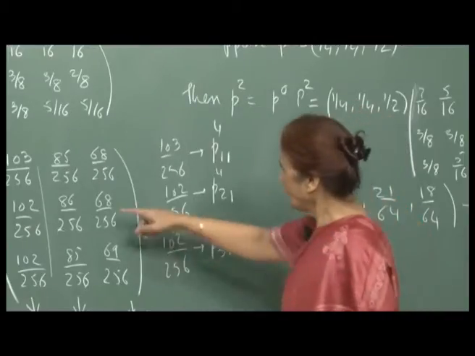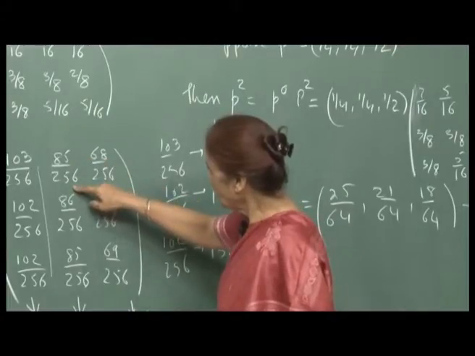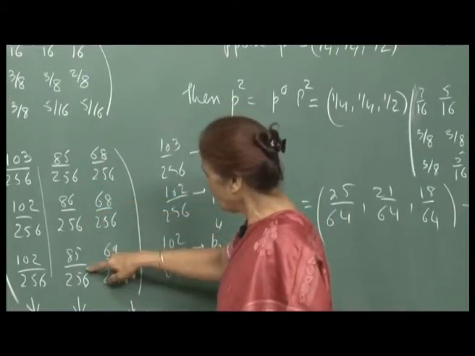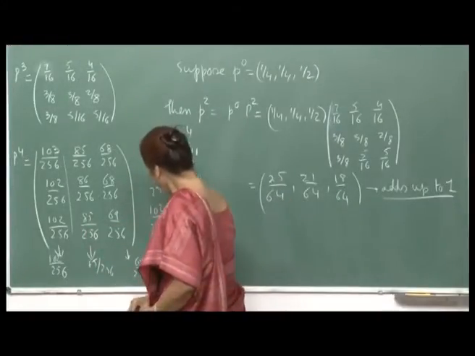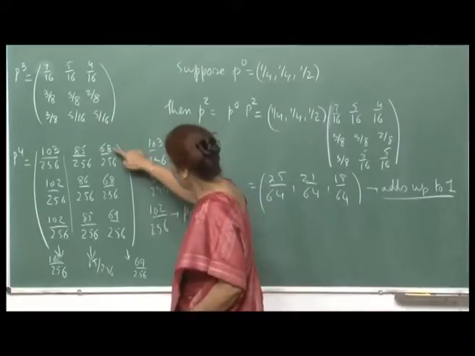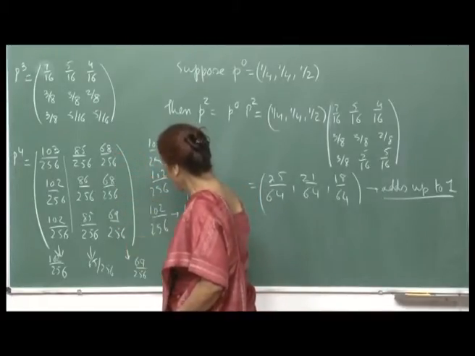Similarly, you can interpret the same thing for the second column, because it is 85 by 256, 86 by 256 and 85. So, these numbers are also getting closer to 85, and here it is 68 by 256, 68 by 256 and 69 by 256.